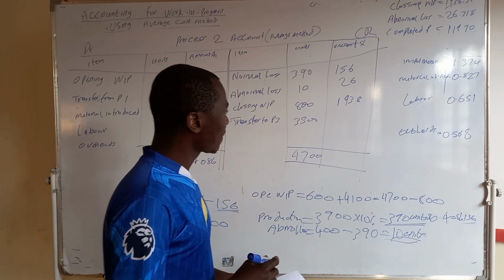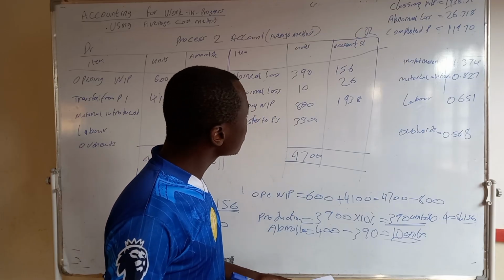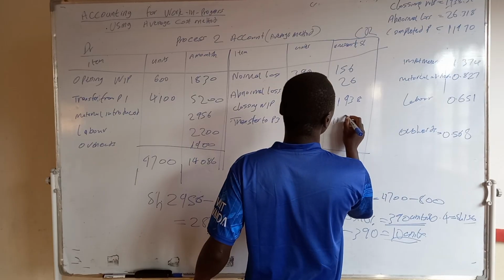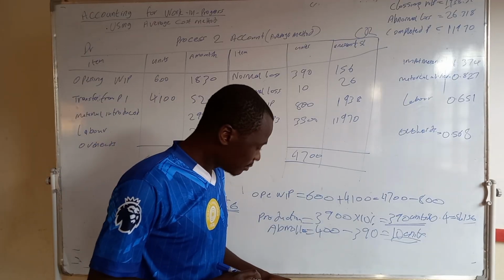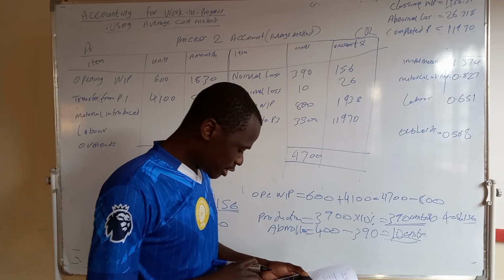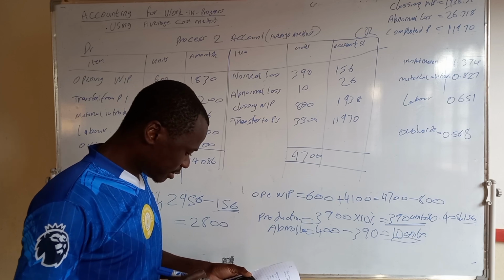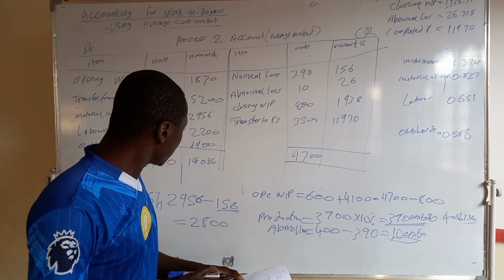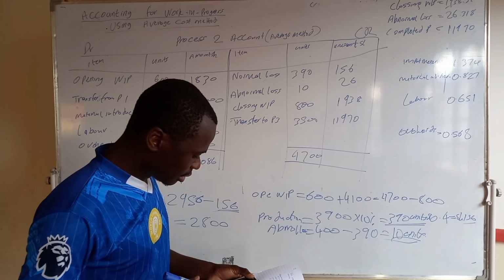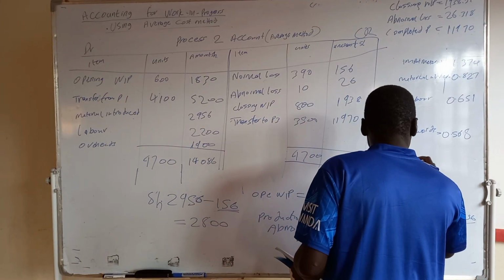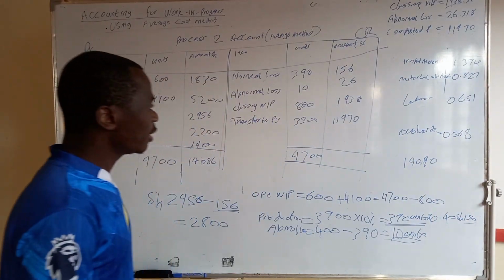Now let us do the amount side. That is 156 plus 26 plus 1938 plus 11,970, which gives a total of 14,090.